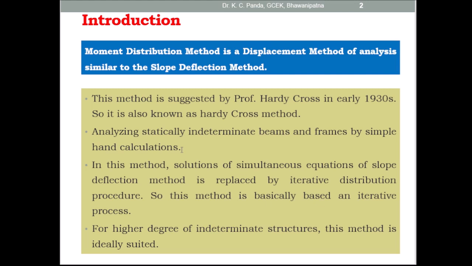At this stage, the iteration is stopped and the moments at each joint are algebraically summed up. The sum of the moments at the end of each span at a joint is the required final end moment.